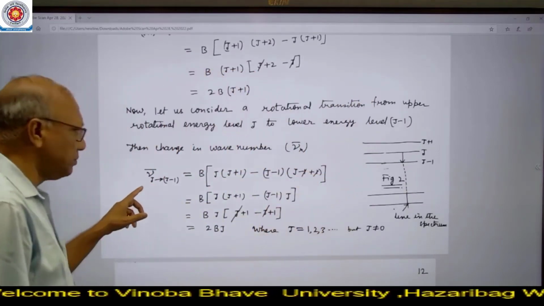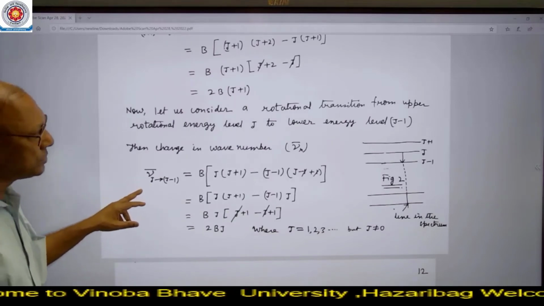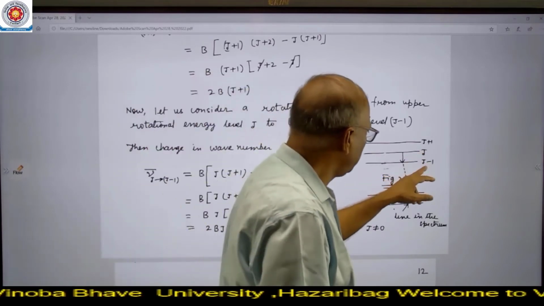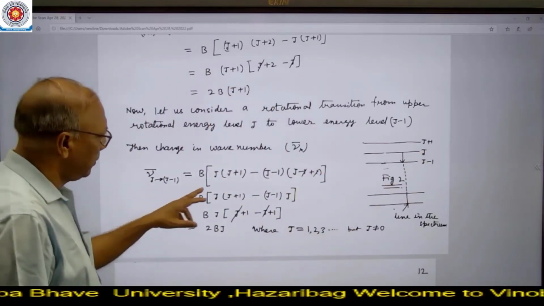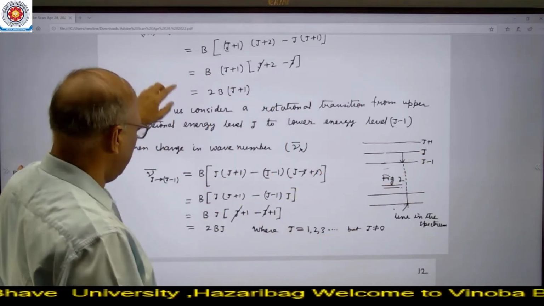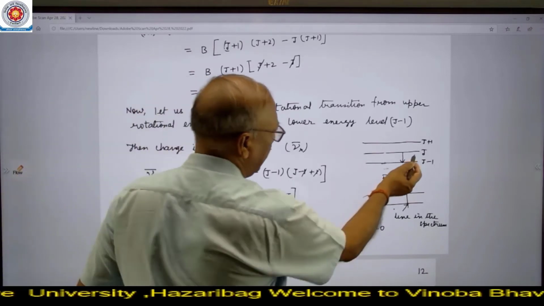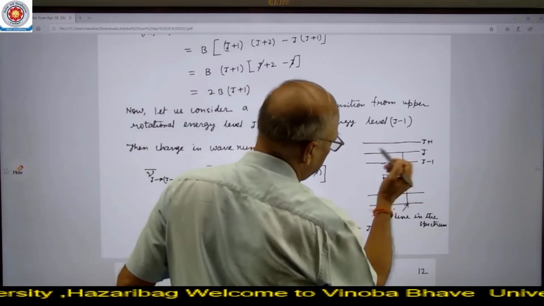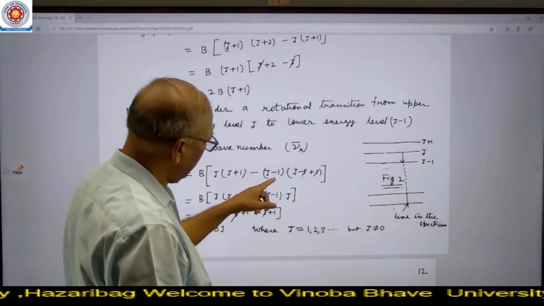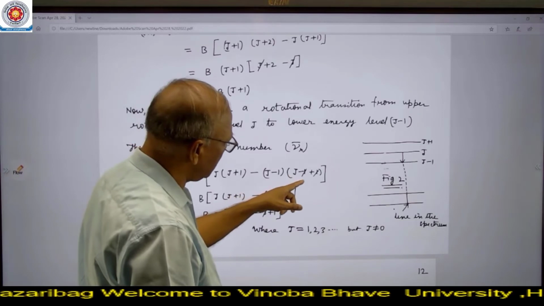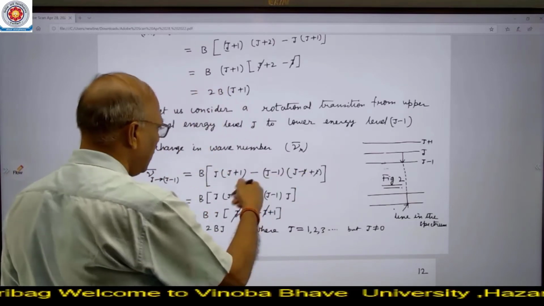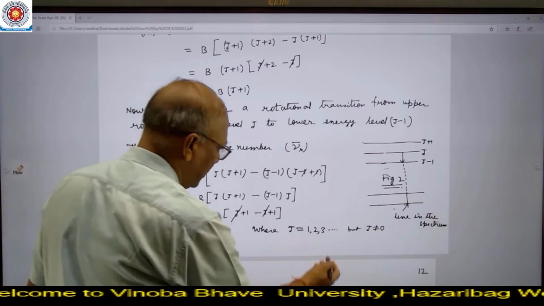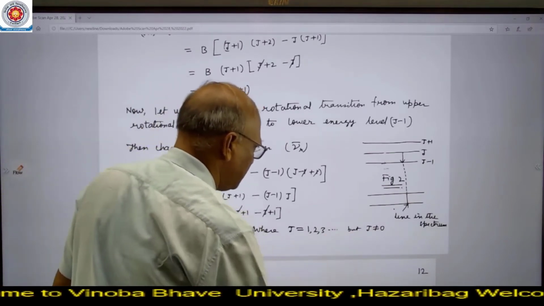Again the same formula and the same type of notation is used: J to J minus 1. Here the upper energy level is J, so it becomes J into J plus 1, and the lower energy level is J minus 1, so J minus 1 into J minus 1 plus 1. When simplified, it becomes 2BJ, where J is 1, 2, 3 but not equal to 0.